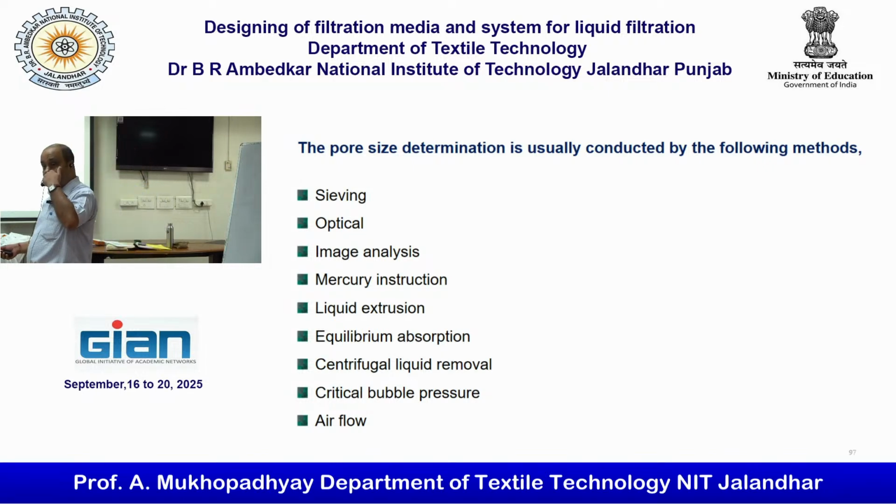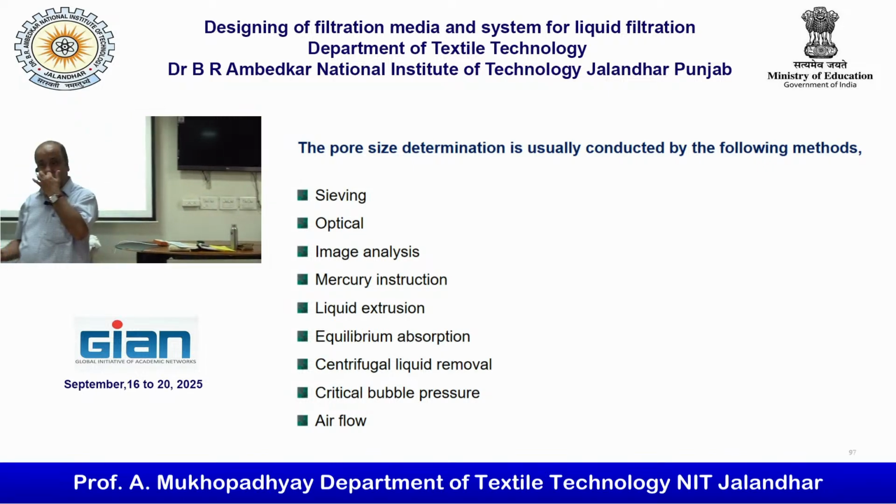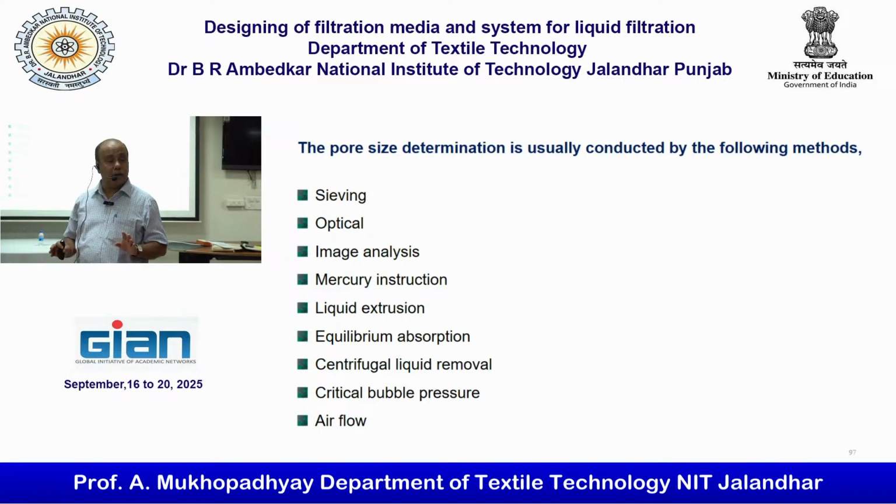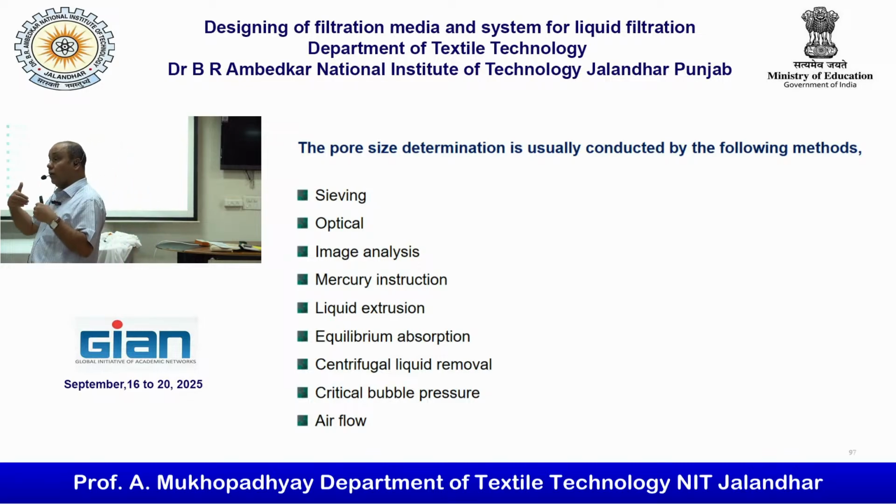Although people are using the mercury intrusion technique in textile, it is not at all valid because of a number of reasons. Because you cut the sample in a small size and the mercury can intrude from all sides. Because the flow direction is perpendicular to the plane of the fabric, you must have the concept of pore in the perpendicular direction of the fabric, not from all directions. But the mercury intrusion method basically provides you the pore dimension when the mercury intrudes from all directions.